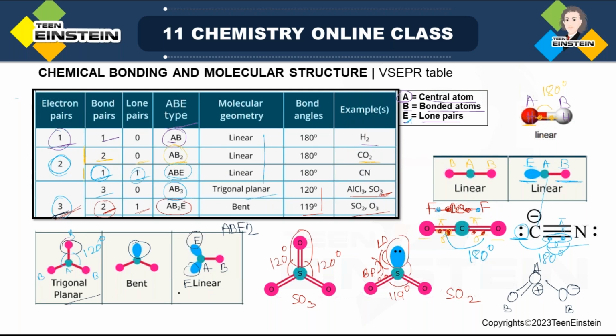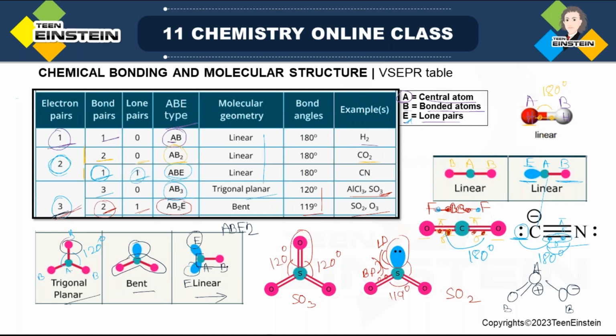Okay. So what will happen? From trigonal planar, it will now shift to bent and then it will shift to linear as you are increasing E, that is, as you are increasing lone pairs. So basically, the ideal geometry is trigonal planar. But if you ignore the lone pair, just focus on this part, don't you think it is bent? Come to the next one.